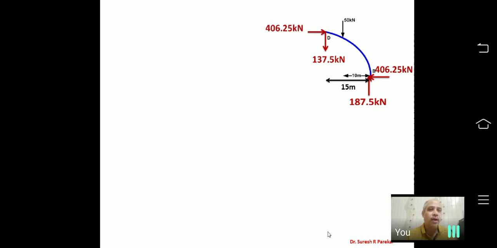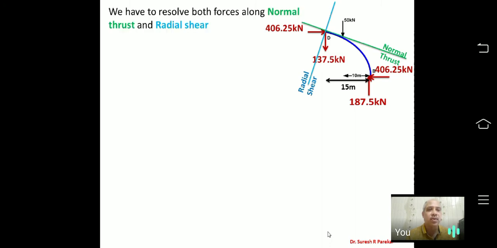Now I will show normal thrust line, and then I will show radial shear line. Normal thrust is tangential to D, and radial shear is perpendicular to the normal thrust. So now we have to find out the components of 406.25 and 137.5 along normal thrust and radial shear. So I will consider only that part.